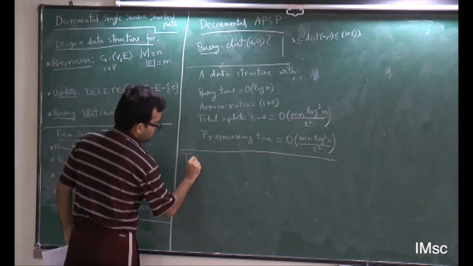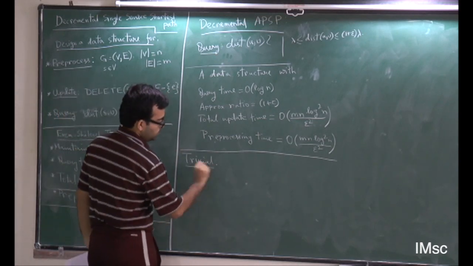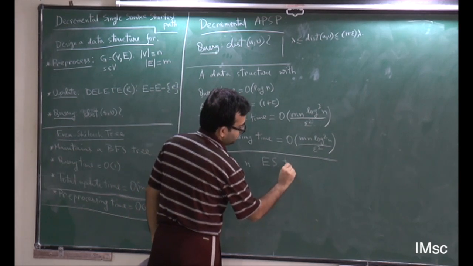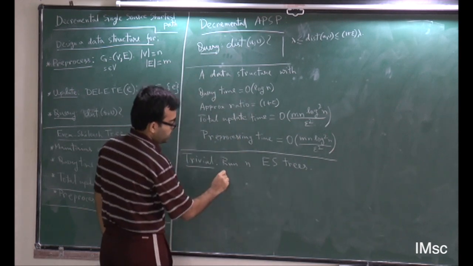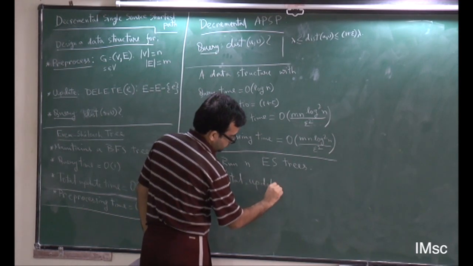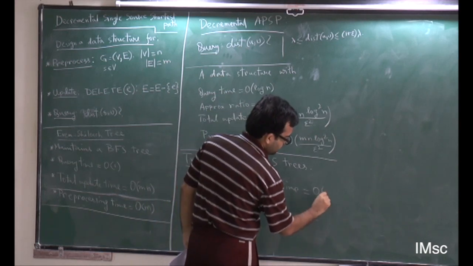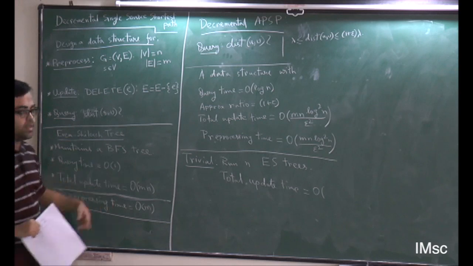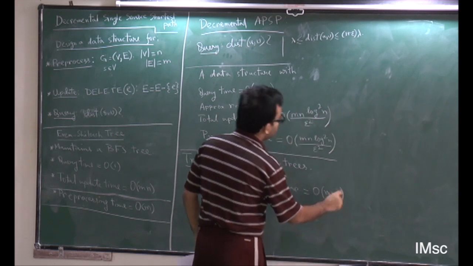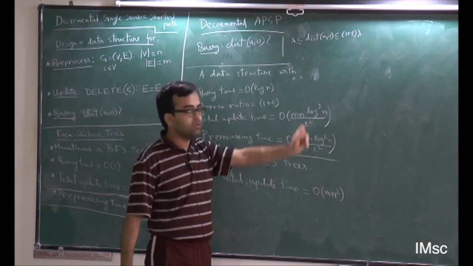So, the trivial bound, and please stop me if you do not follow something, would be order m n square. So, the result that I stated improves this m n square to m n log square n.